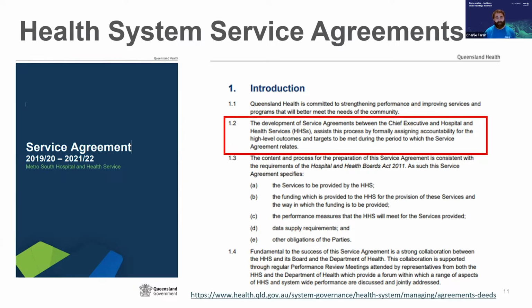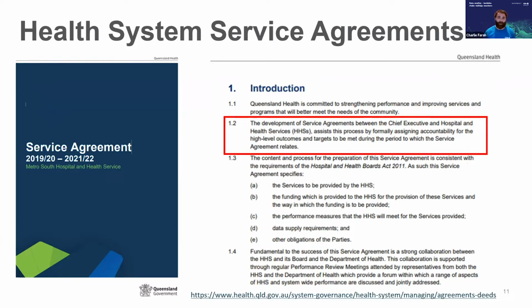And these agreements delve into the requirements from the health system that they agree to provide on behalf of the state. So things around their financial performance, what activity targets they have, what community programs they're going to run, and then it also stipulates the key performance indicators and the service measures that they're going to monitor to ensure that those services are being delivered in the most efficient and effective way.